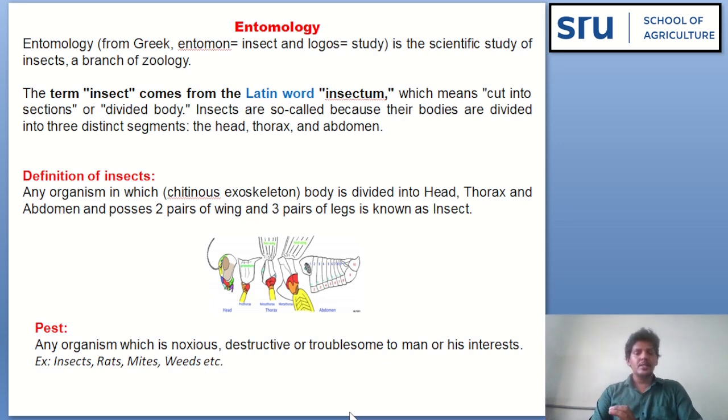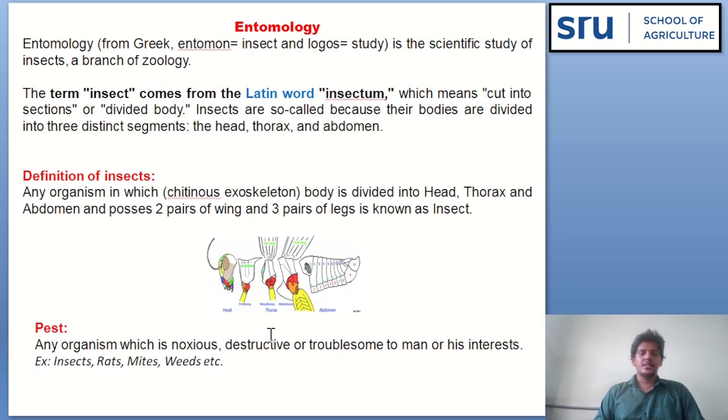See here the definition of insects: any organism in which the body is divided into head, thorax, and abdomen, and which possesses two pairs of wings and three pairs of legs, such an organism is known as an insect.